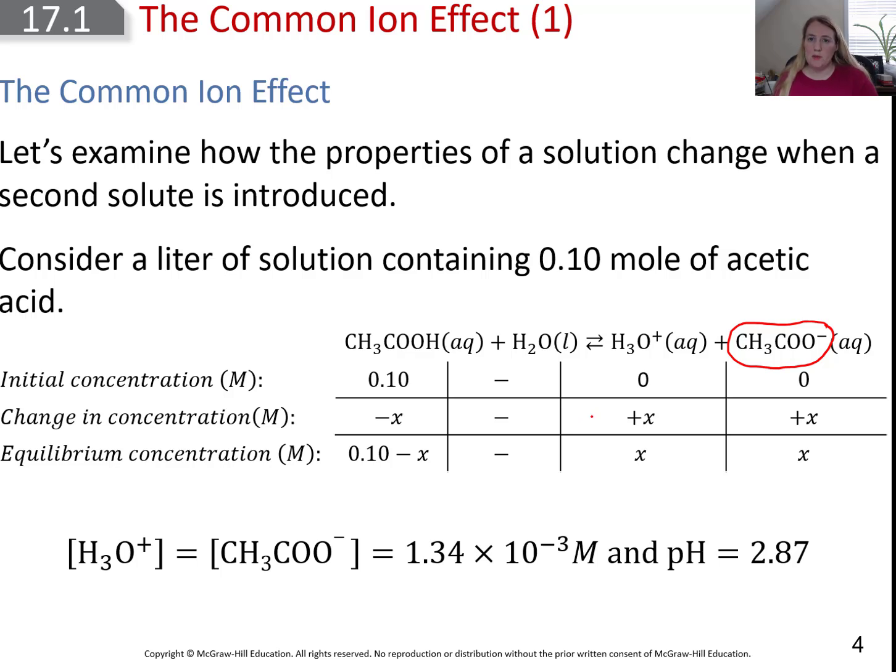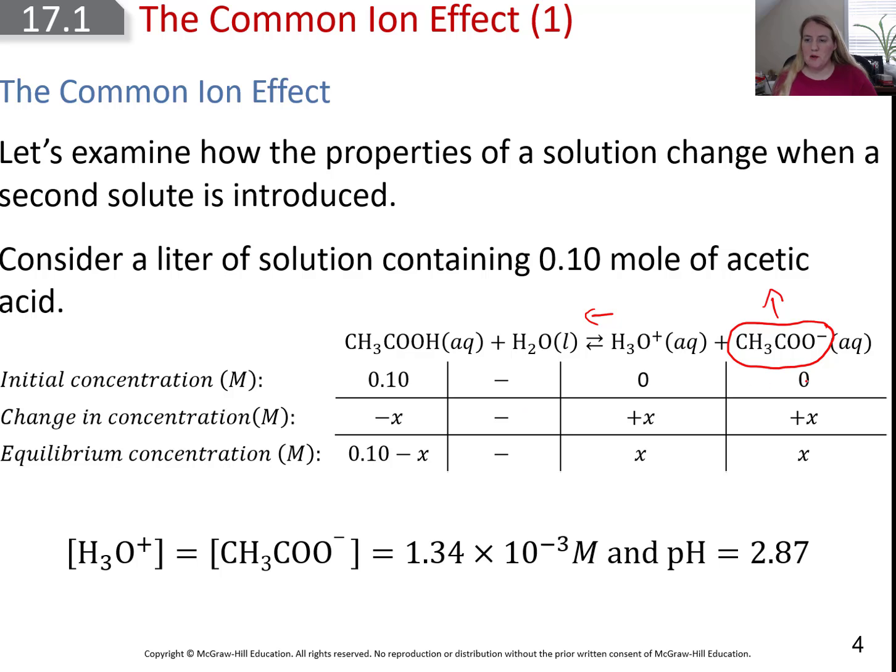So sodium acetate contains the acetate ion. If I added sodium acetate, I would be adding the acetate ion, which would increase the concentration of a product. According to Le Chatelier, that would drive the reaction back this way.